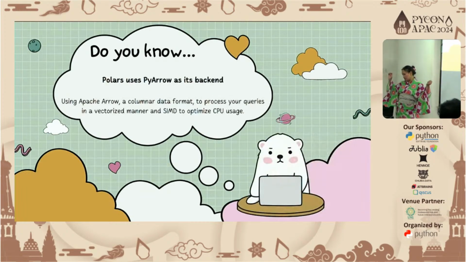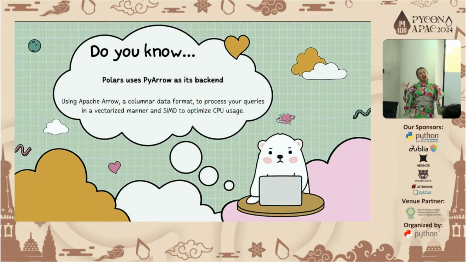Another fun fact: polars uses PyArrow as its backend. Again, I hope that you know pandas doesn't use PyArrow as its backend. I remember around maybe 5 years ago, I was chatting with a lot of the pandas community, the people who contribute to and maintain pandas, and they were talking about maybe writing a pandas 2 that uses PyArrow as a backend. But in the end, we have polars instead.